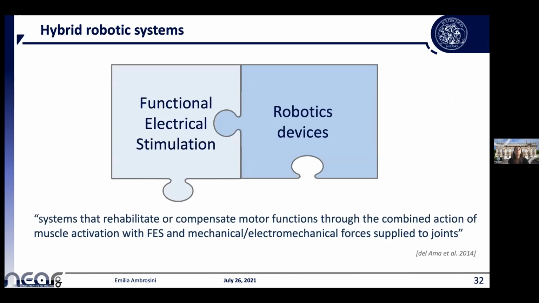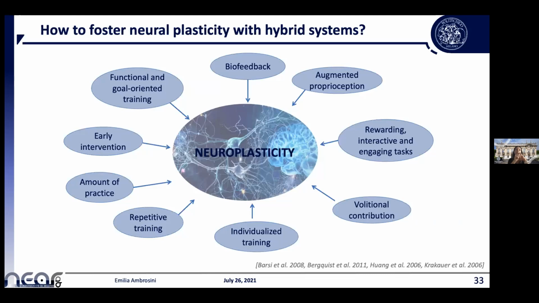And if we go back to the picture I've shown before about neuroplasticity, we could see that hybrid robotic systems are usually able to fulfill all the elements that we have listed before. And so they seem to be a very promising technology in order to improve neuroplasticity after stroke.